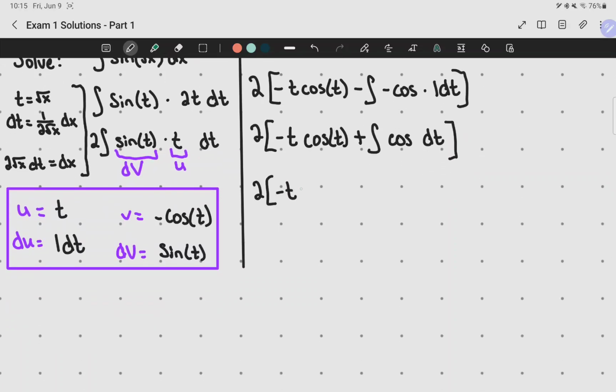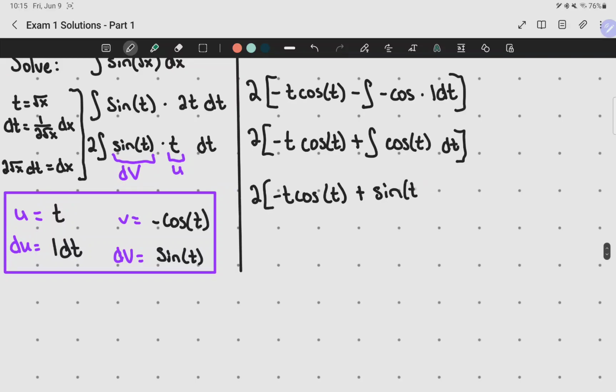So 2 negative t cosine t plus sine t. This is very important, glad I caught that. Just re-add our t's. No longer need the dt.